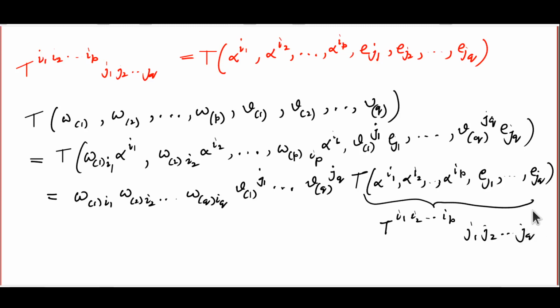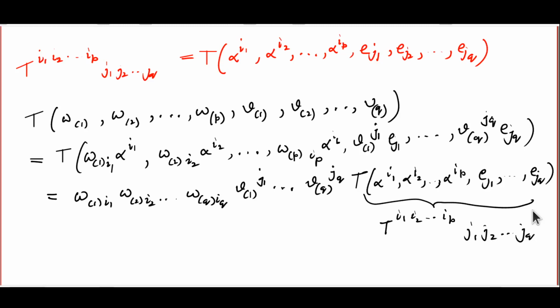So basically, what we see is that the action of the tensor on any arbitrary bunch of covectors and vectors can be written down entirely in terms of the components of those covectors and vectors with respect to a particular basis, and in terms of the components that you get for the tensor using these bases. So as I said before, the component has complete information about this multilinear map, because once you know the components, you know what this map does to each and every bunch of covectors and vectors.